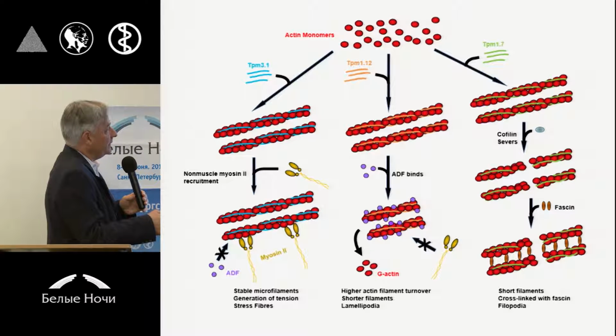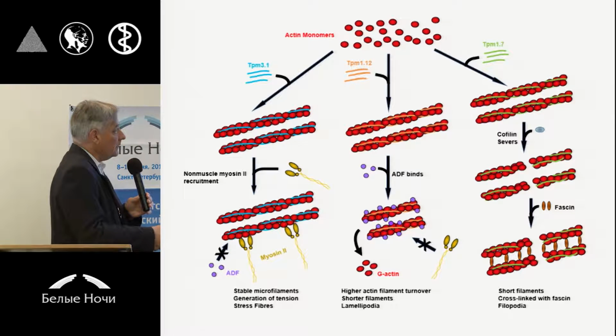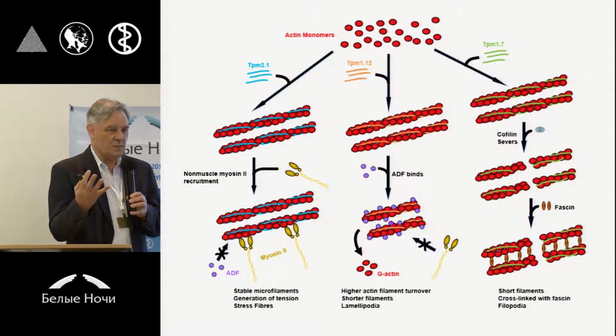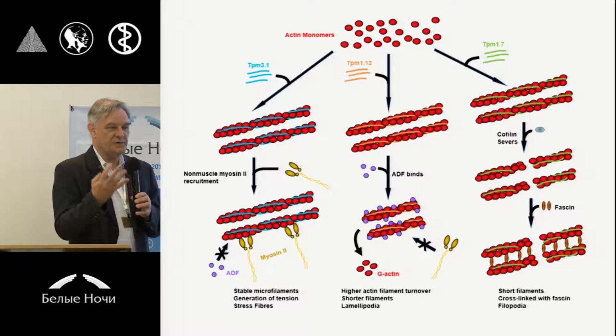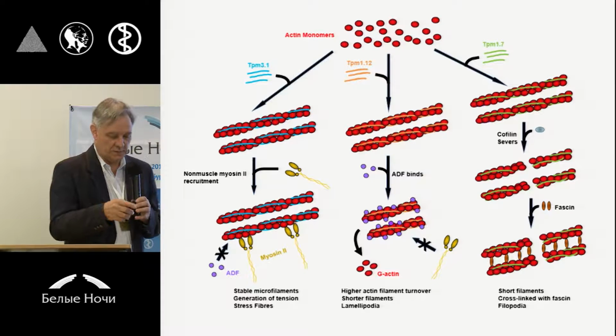If, on the other hand, you add this tropomyosin 1.12, you encourage the binding of the actin severing protein, ADF, you inhibit the binding of myosin motors and you generate lamellipodia. If you add TPM 1.7, you also encourage cofilin to sever the filaments, you cross-link them with fascin and you generate filopodia. Different tropomyosins, different interactions with actin-binding proteins, different functional outcomes for the cell.